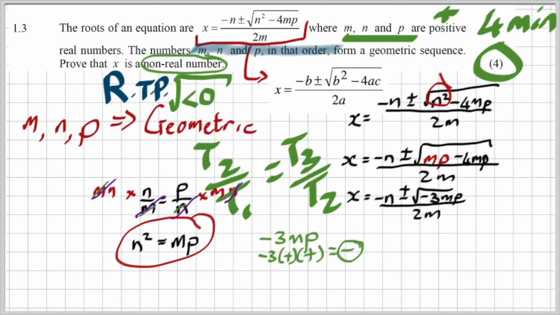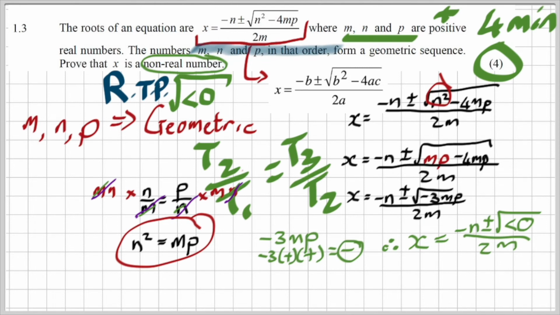So if I say a negative 3 times a positive times another positive, what does that give me? A positive or a negative? It gives me a negative. So therefore, x is actually an expression with a negative under my square root.